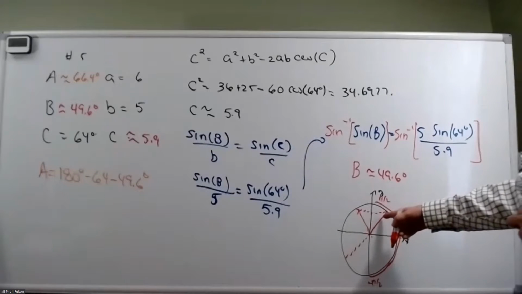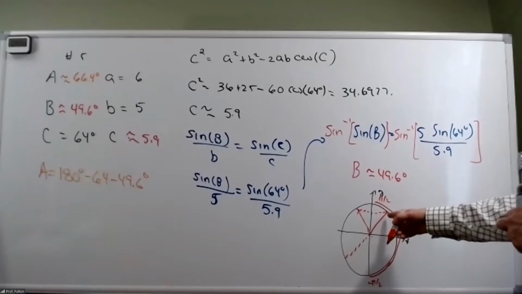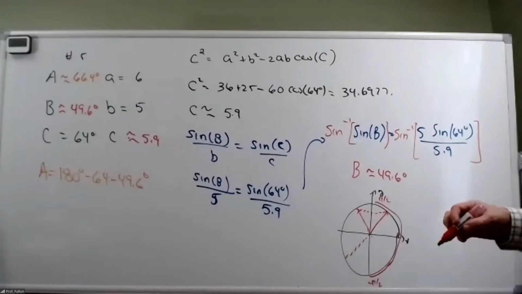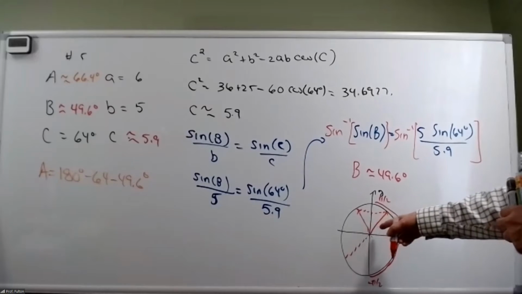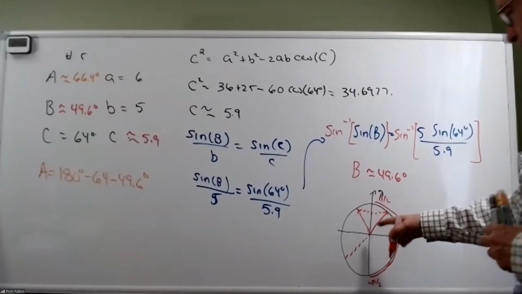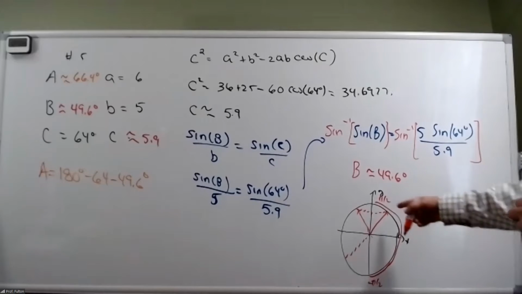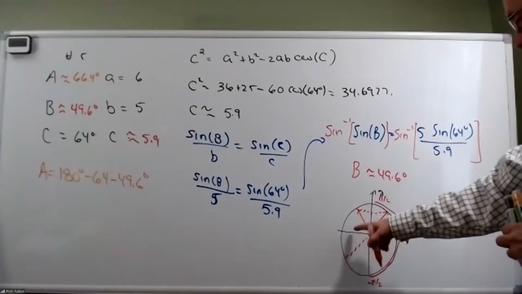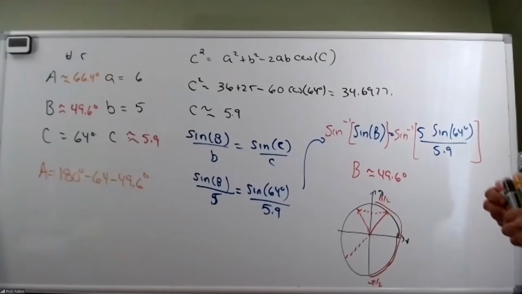So that would be the 49 plus another, essentially 180 degrees, and it would not kind of work out in that regard. You couldn't take the 49, subtract that from 180 degrees to get the amount, and have that sort of thing over here. It has to be within that realm.